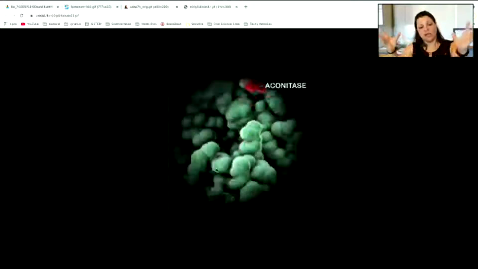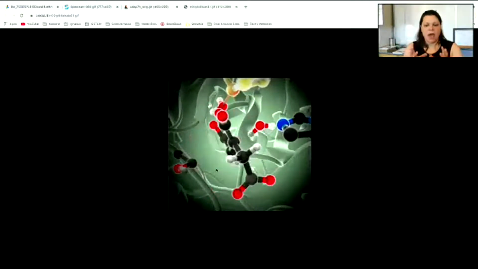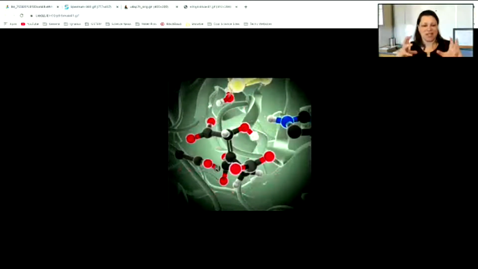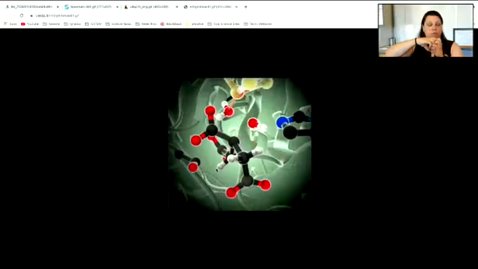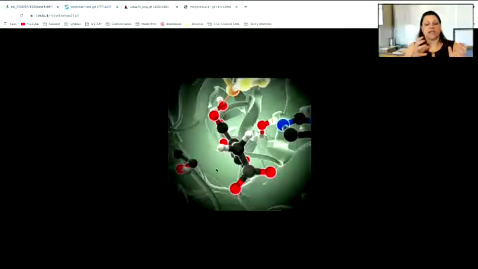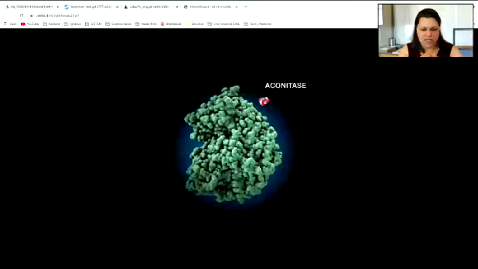So not only does the enzyme bring in and attract the things that are needed substrate-wise, but the molecules can actually then bond to those R groups. That will change the shape of the overall protein just slightly so that it can do its job, whether that's breaking it apart or putting things together.